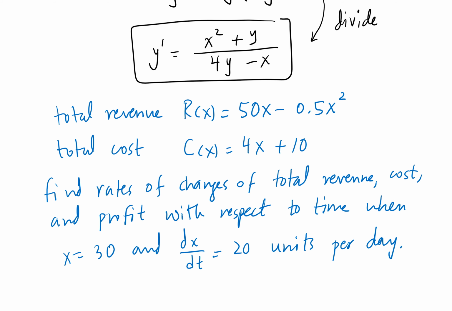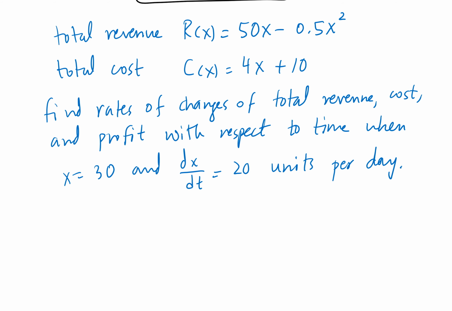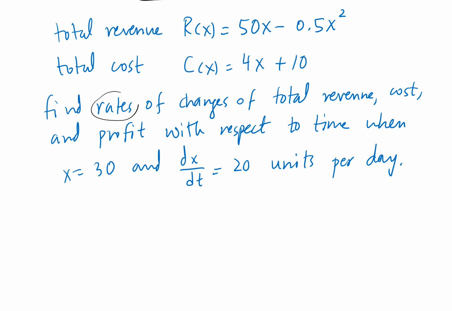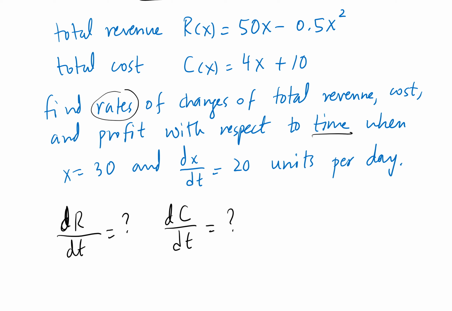So what they are asking us to find out is the rates of change for total revenue, dr dt, cost with respect to time, and the profit, dp dt.